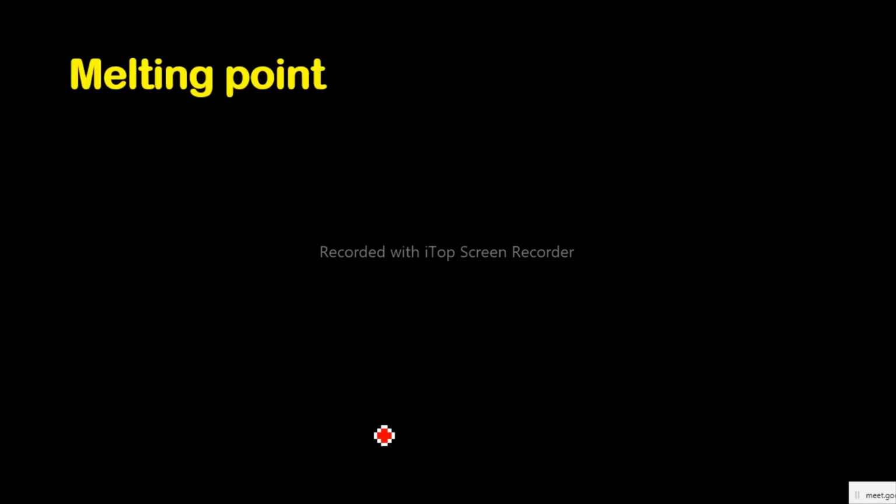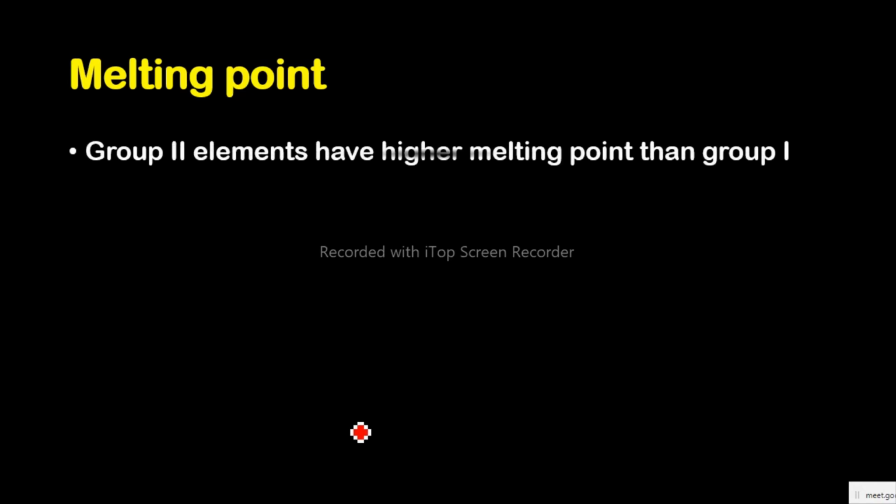Let's see how these physical properties are going to vary among these elements. If we start with melting points, we are going to see that group 2 elements have relatively higher melting point than the group 1 elements.